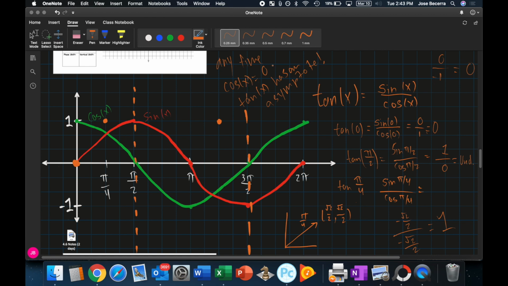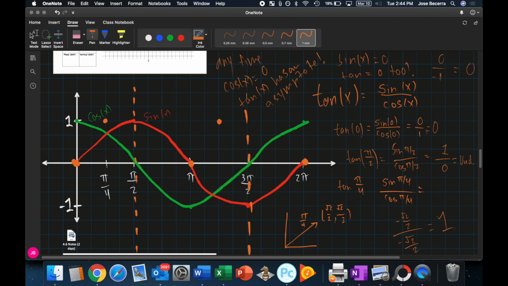So anytime cosine is equal to 0, tangent has an asymptote. But anytime sine of x is equal to 0, tangent equals 0 too. So anytime you see sine cross the x-axis, tangent will also be crossing the x-axis.